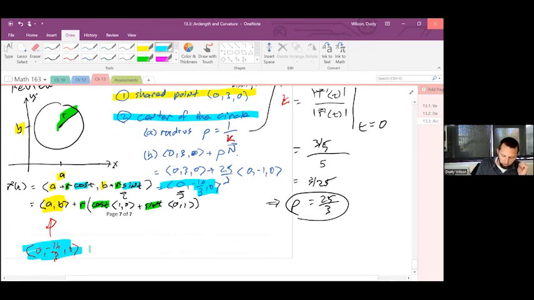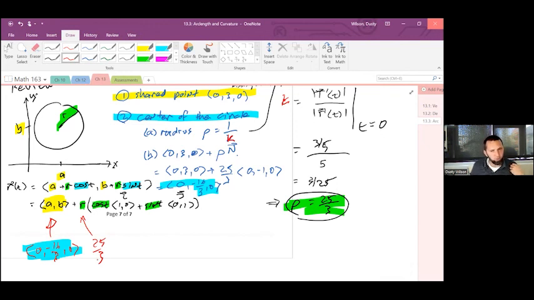Our R is this 25/3, which is nice. Cosine and sine are going to stay the same. And the only thing that we need to mess with now is our i and our j vectors, because the i and the j vector would be in terms of the standard basis vectors.